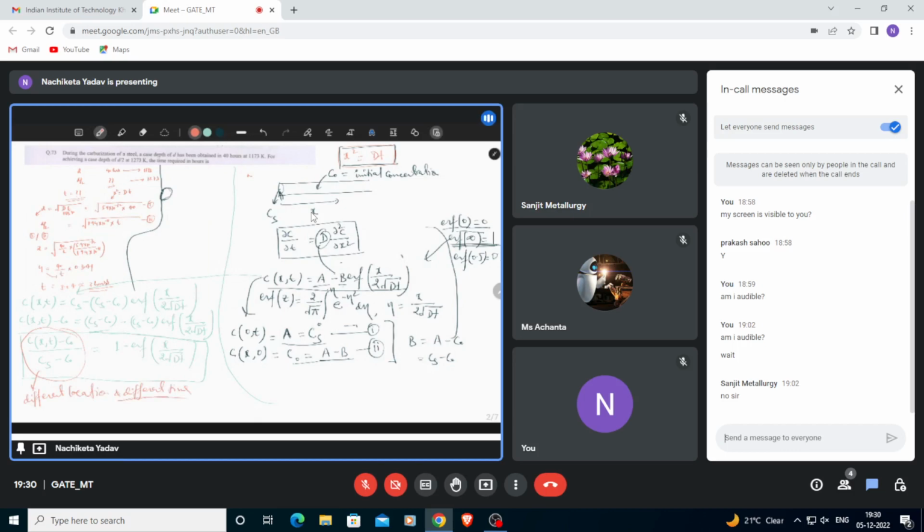It can be defined as the depth corresponding to the concentration that is the average of the initial and saturated carbon concentration. So suppose this is the concentration at case depth, it is C0 plus Cs by 2. It is just from the definition. This is the carburized case depth.